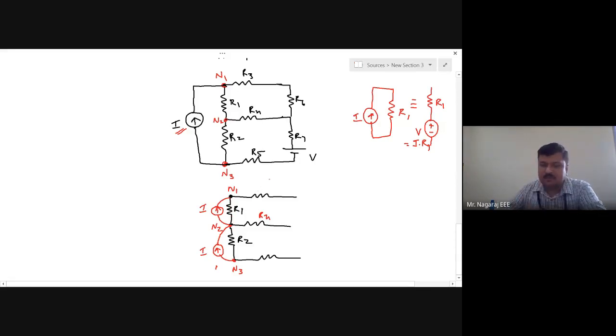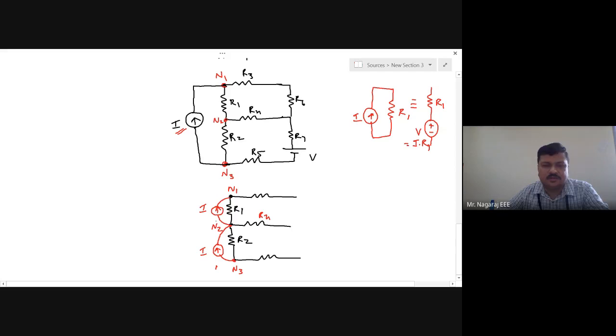That is the first thing we have seen in source shifting. When we shift the sources, the node voltages and branch currents should not alter. Is this justified here? The branch currents are the same before shifting and after shifting.